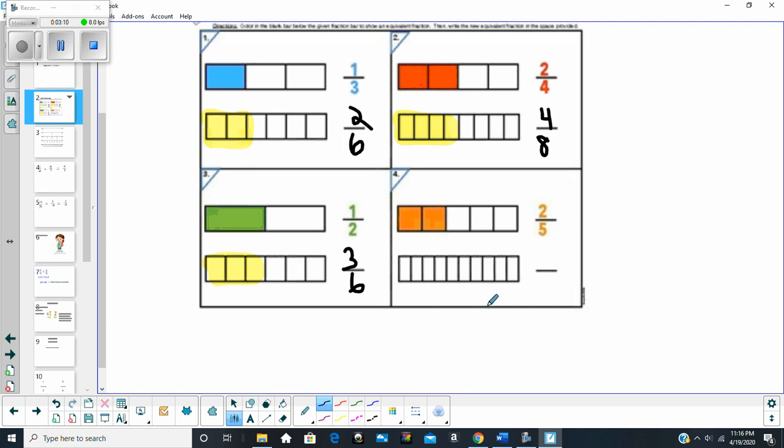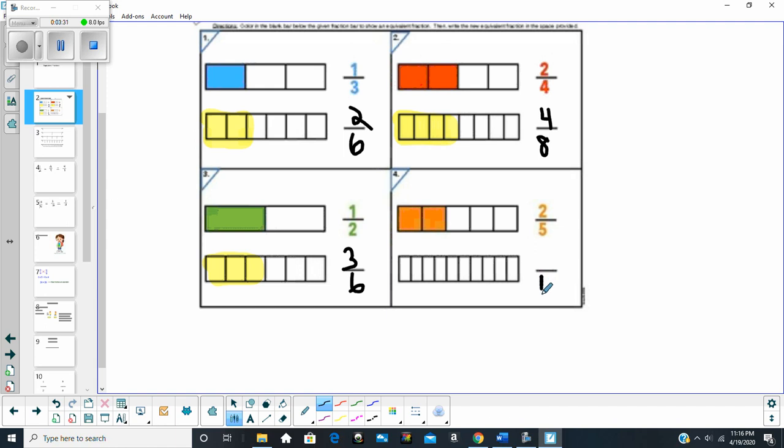Okay, moving along to problem 4, we have 2/5. And to figure out what 2/5 is equal to, first we're going to find our denominator. Count with me. 1, 2, 3, 4, 5, 6, 7, 8, 9, 10 tenths.